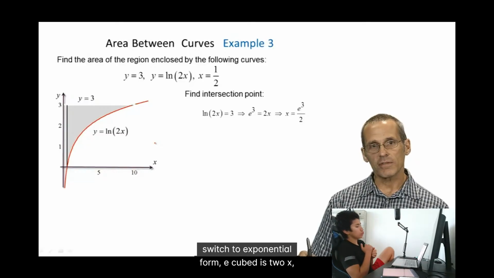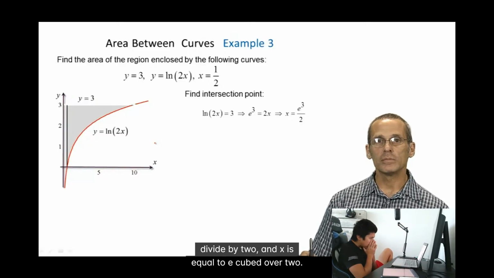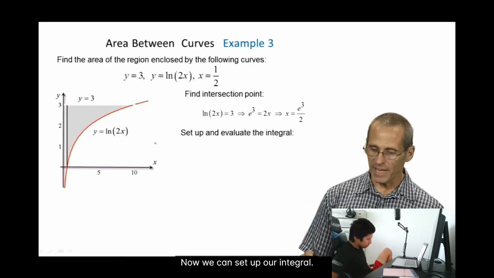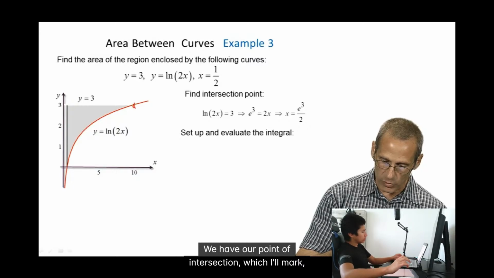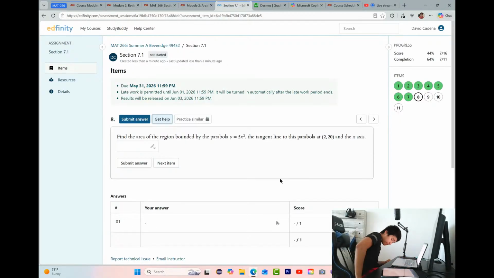All right, so e to the power of 3 over 2 is an intersection point. So hold on, you just found an intersection point. That's like the next step.